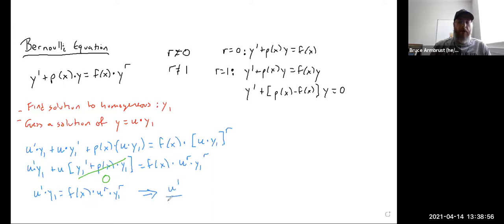And it turns out this thing is separable. We get u prime over u to the r is equal to f of x times y1 to the r minus 1. So that's why this is going to be okay: when we do this integrating factor, it turns it into a separable differential equation.